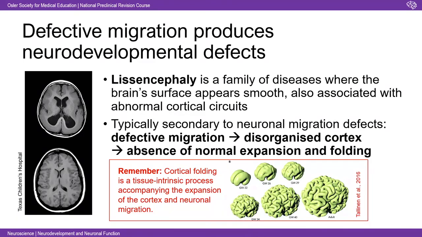So as you get ongoing neurogenesis and proliferation, and then migration outwards of those neurons, the cortex is going to expand, increase its surface area, and fold. Now, in Lissencephaly, where you get these mutations that prevent normal migration, you get a disorganized cortex, a thin cortex, and you do not get this normal folding, as you can see in the CT images over here.